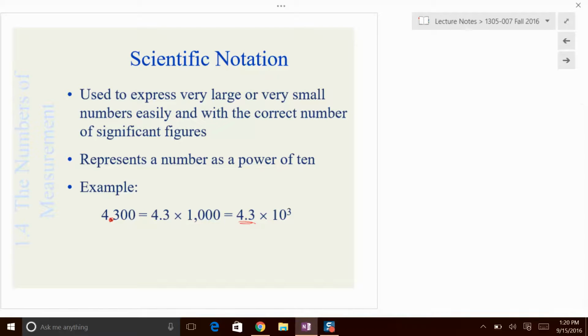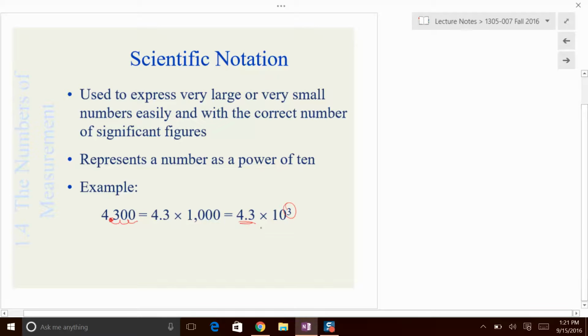Big numbers or small numbers, you put the decimal after the first non-zero digit. Okay? So I put it here after 4. And then I count how many places I moved it. 1, 2, 3. I moved it 3 places, so that means to the third. 4.3 times 10 to the third.